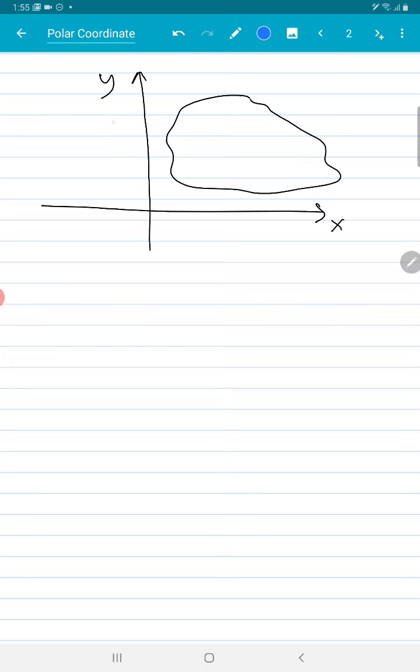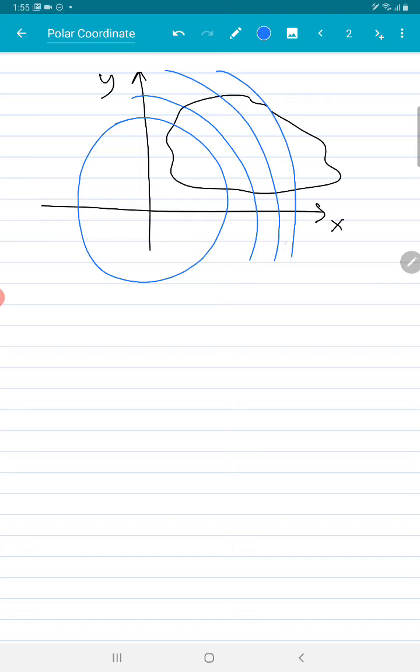So here we have one circle, and I'm gonna draw only part of a circle. So we have another circle, another circle, another circle. So let's say this is r1 and this is r2 and so on, but the distance between the two is the same, so I'm going to say this is delta r i, the distance between these two circles.